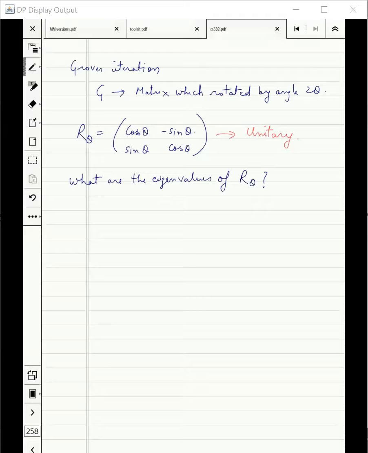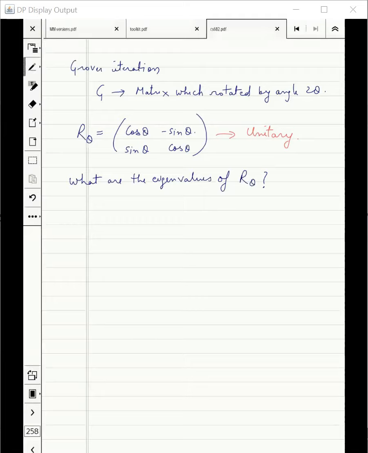Because if it rotates the xy axis, then the angle would remain 90 degrees and the modulus won't change. It will preserve the norm, right? You take any vector, you rotate it, the length of the vector will not change. And this is one way in which we define unitary operators. The other way is that if you take 2 vectors, you rotate them by the same angle, the angle between them remains the same.